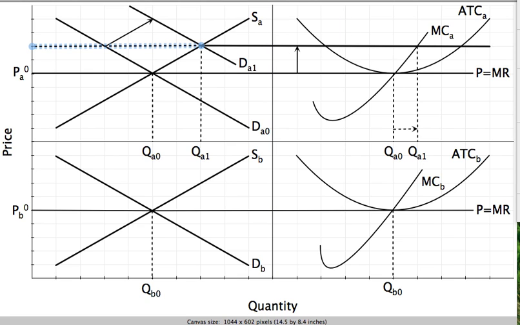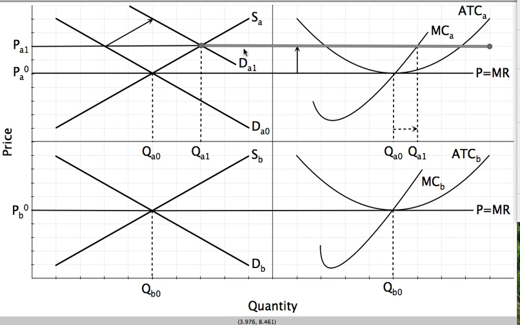So the equilibrium price increases. So this is PA1. So we have an increase in demand because tastes and preferences changed. The demand curve shifts to the right. We end up with a new equilibrium price and a new equilibrium quantity in the marketplace.